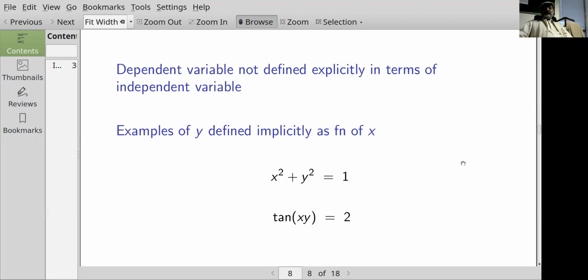We are regarding y as a function of x, so y is an implicit function of x. Y is defined implicitly rather than explicitly as in the previous examples. Similarly, tangent of xy is equal to 2. X and y are tied together through this expression. We don't have y explicitly as a function of x, so we say that y is implicitly defined as a function of x.